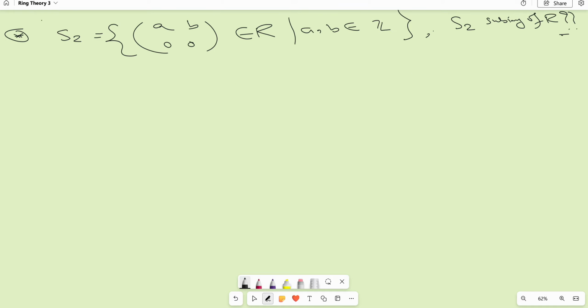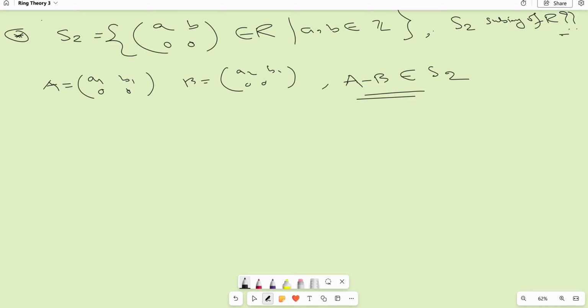Let me take two elements, A which is a1 b1 0 0 and B to be a2 b2 0 0. Clearly a minus b will be lying in S2, because the bottom components will definitely be 0 and the top will be some elements of Z. So this is by default. You have to check the second property.